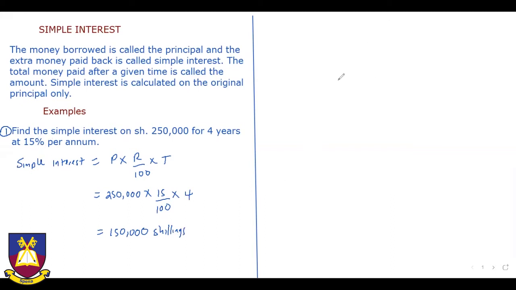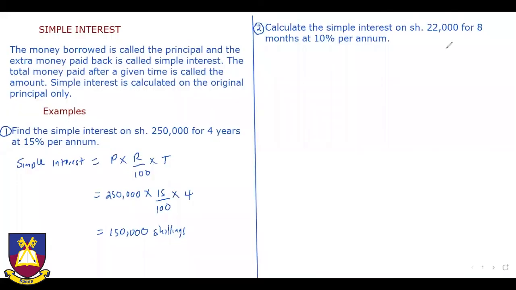Let's look at the next example. The second question says, calculate the simple interest on shillings 22,000 for 8 months at 10% per annum. Now here we need to be careful because our time is in months and our interest rate is per annum, per year.